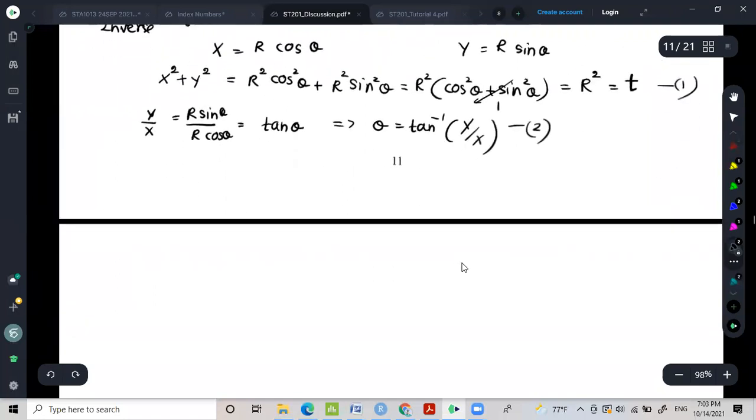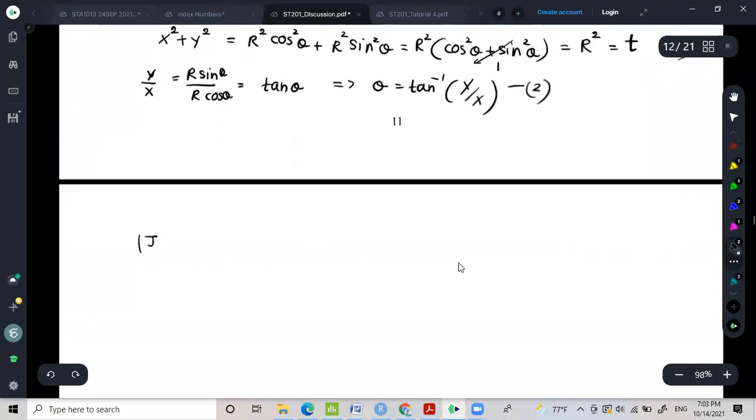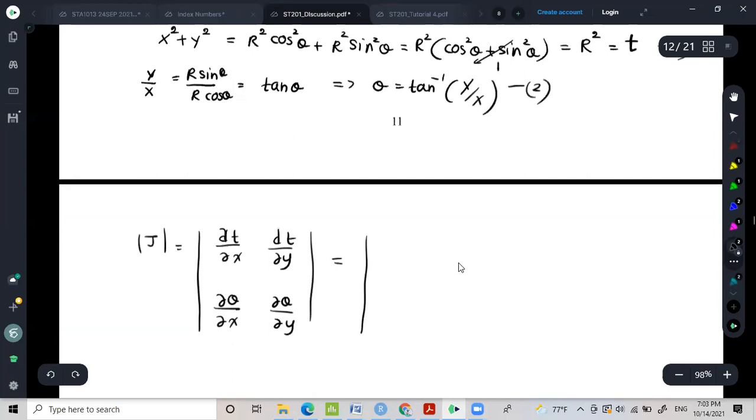Now we can find the Jacobian. So let's find the Jacobian: partial t by partial x, partial t by partial y, partial theta by partial x, partial theta by partial y. Okay, so what do you have? t is x square plus y square, so partial x of x square plus y square, and partial y of x square plus y square.